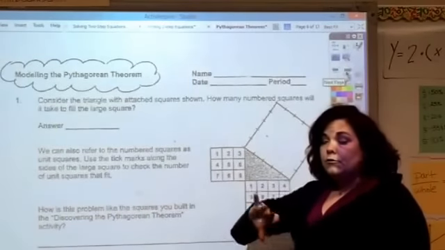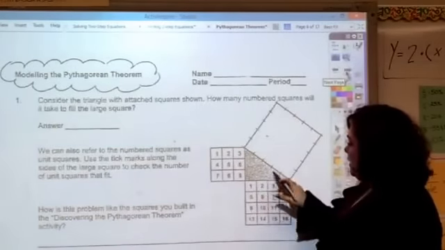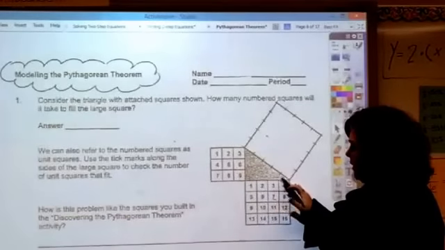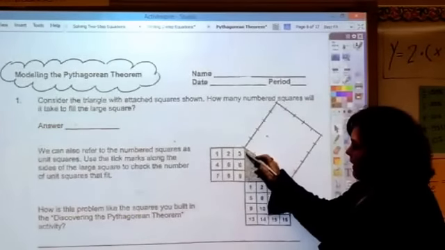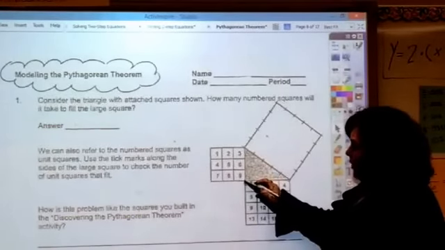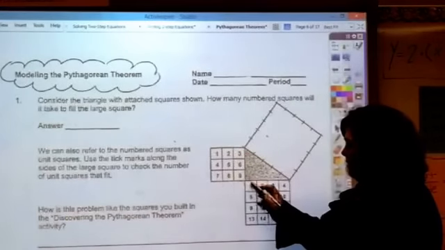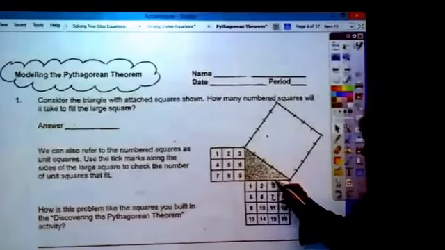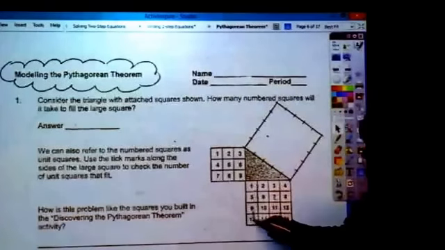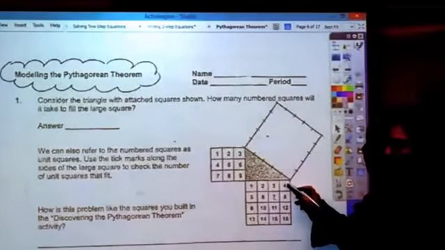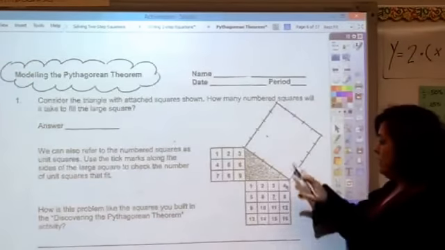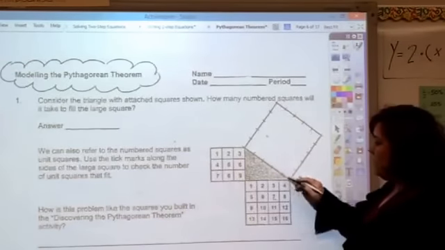Now, to understand where this comes from, here is a triangle, and you have the side length here of 3, and that squared is 9 blocks. Then you have the leg here, and the side length is 4, and that is 16 blocks squared. So what is the area of this one squared?